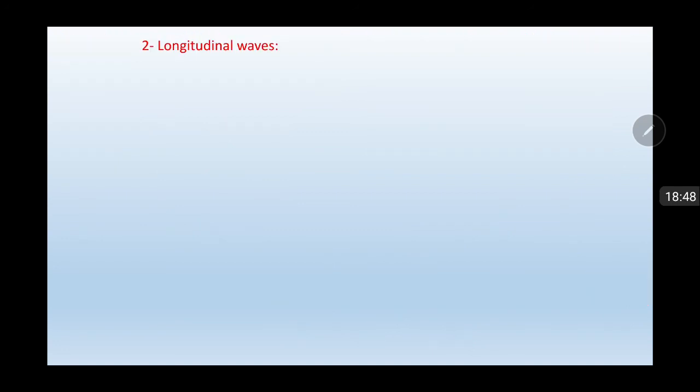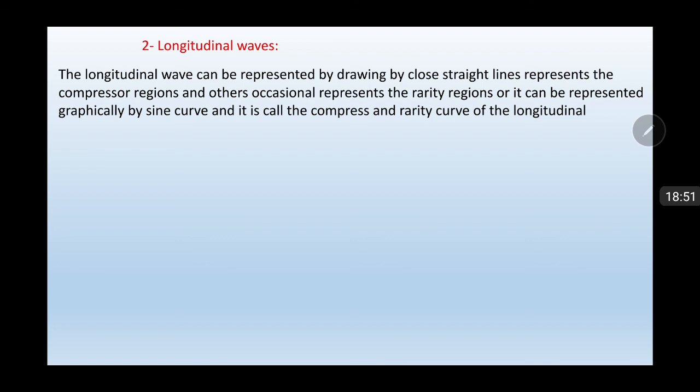Longitudinal wave. A longitudinal wave can be represented by drawing close straight lines representing the compressed region and the others representing the rarefied region, or it can be represented graphically by a sine curve, called the compressed and rarefied curve of the longitudinal wave.